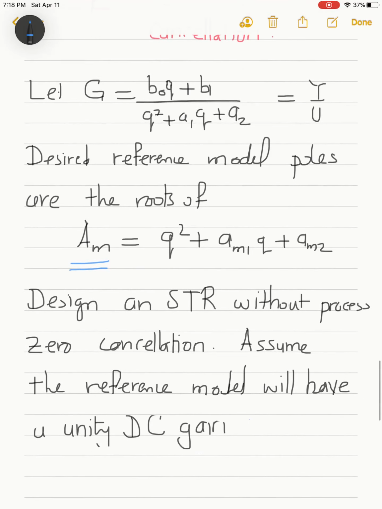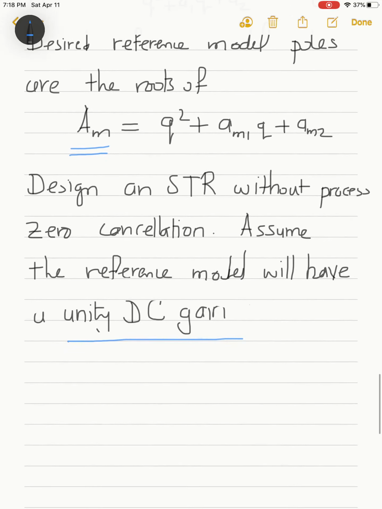Also, we are required to achieve unity DC gain for the reference model. That means that if we have a constant reference input to the reference model at steady state, the output should exactly match the input or the set point.